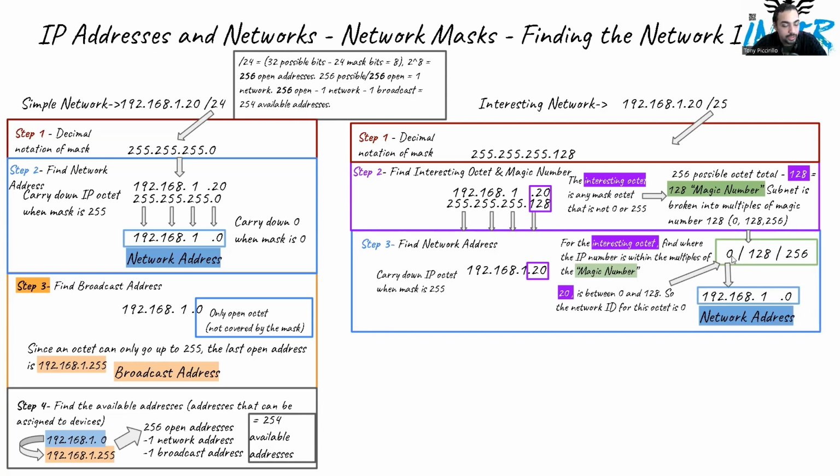So 20 is between 0 and 128, right? So that means our subnet network address for our IP address is 192.168.1.0, right? Because 20 is in between 0 and 128. So you're going to go with 0 because it's in between. Because between here and here is one subnet. Between here and here is the second subnet.